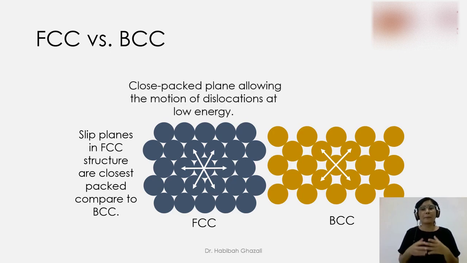Close packed planes, as I mentioned so many times, allow the motion of dislocation at lower energy. So that is why, even though they both have the same number of slip systems, FCC metal is more ductile if we compare to the BCC metal.